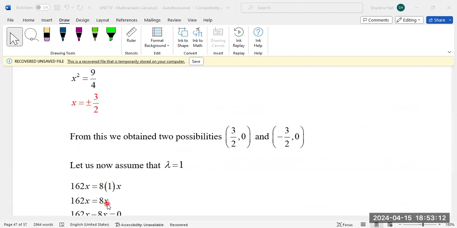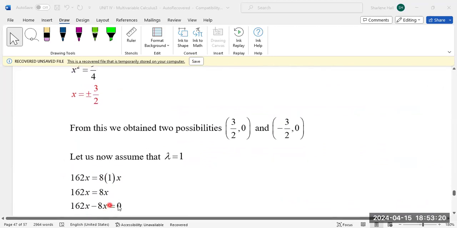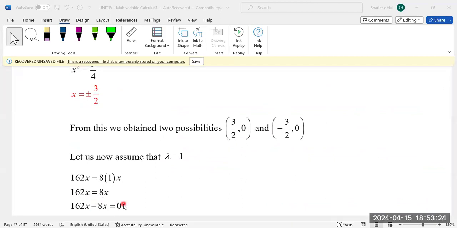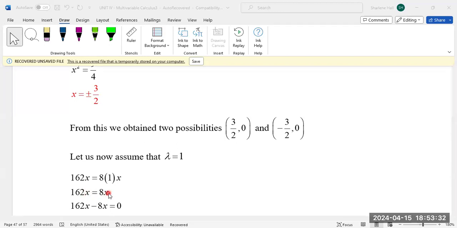Now, similar to what we have done before, we are going to be subtracting 8x from both sides so we can factorize and not divide. If you were to divide everything out here, the x is going to cancel out here and here, and that is going to make no sense. So I'm going to subtract 8x on both sides.